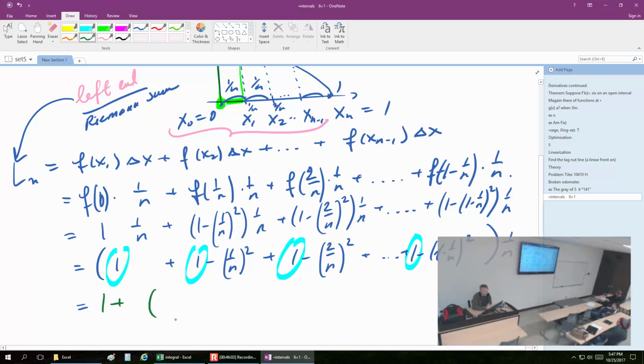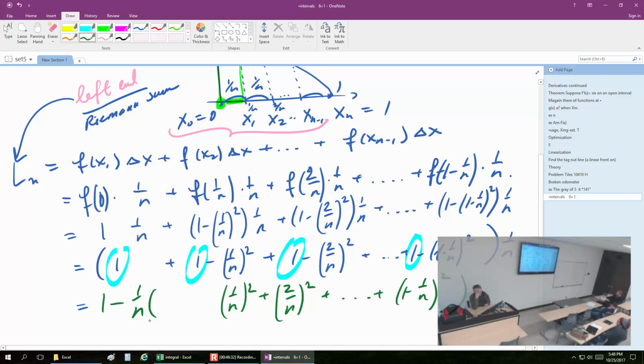So it's 1 plus what's left. So it is minus 1 over n. Well, I guess I could factor the minus out as well. I'll just put a minus here, and I have 1 over n squared plus 2 over n squared, plus the last one is 1 minus 1 over n squared, 1 over n.